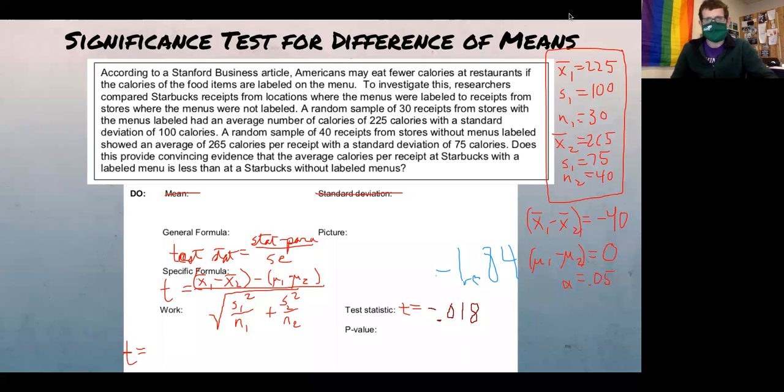All right, so just to show this, and I know some people might still be coming up with their test statistic, I'm just going to start plugging in specific numbers into our specific formula so we can see what we should have been calculating. So it's -40 minus 0, because our mu sub 1 minus mu sub 2 is always going to be 0. And then the square root here is going to be 100 squared over 30 plus 75 squared over 40.